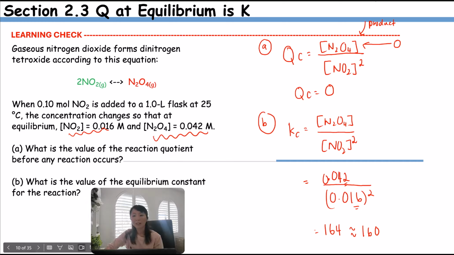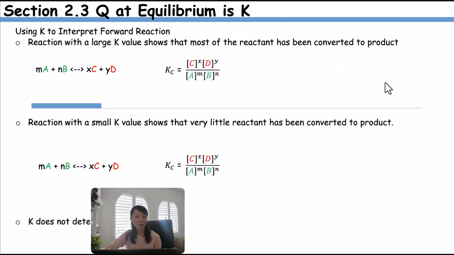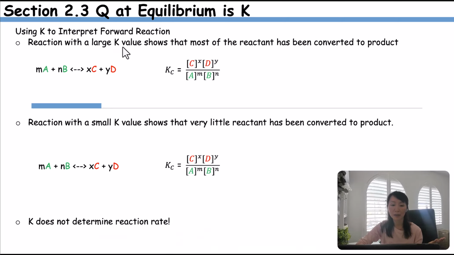So 160 is a rather large equilibrium constant, and having a large or small equilibrium constant, we can start to interpret them, so let's go ahead and interpret them in the next slide. Here it shows that the equilibrium constant, I apologize, if it is very, very large, so if Kc is large, that means my product was probably really large.